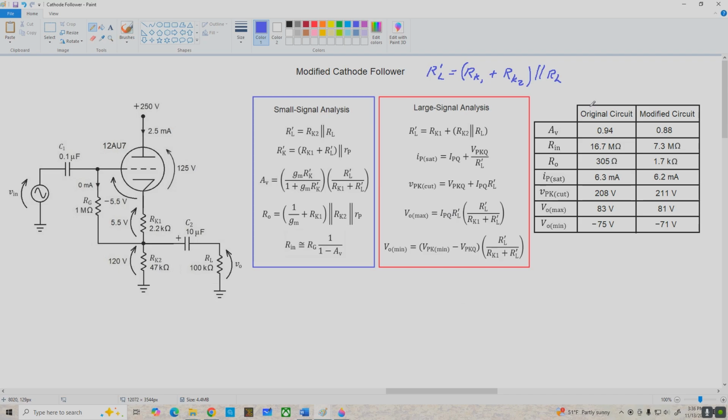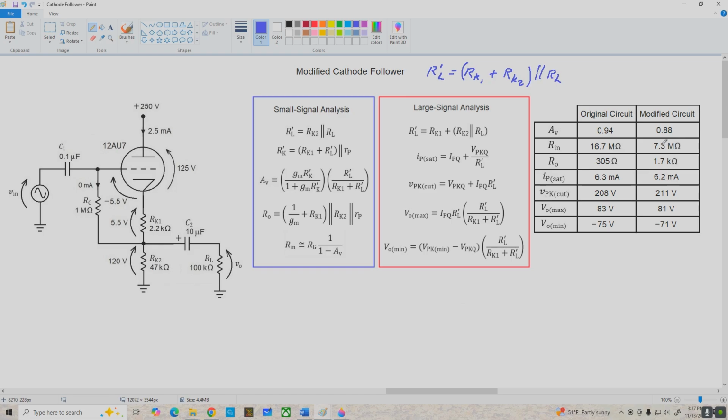Now over here, I've got the values we calculated for our original circuit, and if we crunch all the numbers for the modified circuit, these are the values we come up with. So the voltage gain is a little bit lower. The input resistance is significantly lower, but it's still nice and high. Our output resistance is really pretty high compared to the original circuit, and that's a disadvantage of this one.